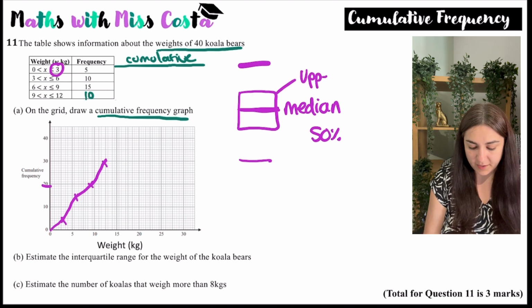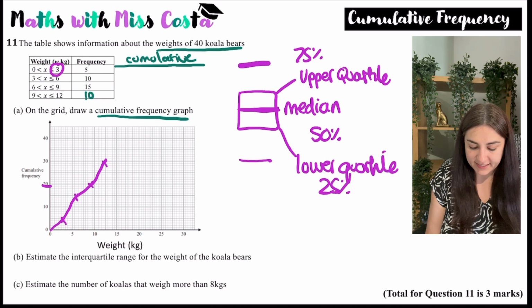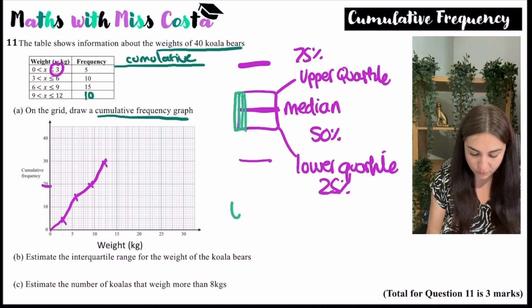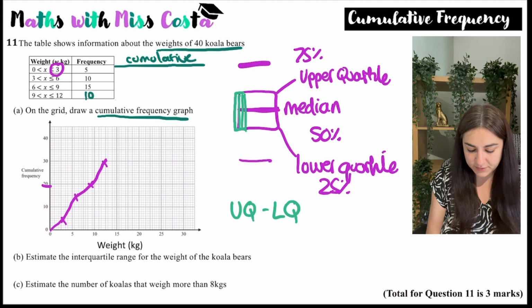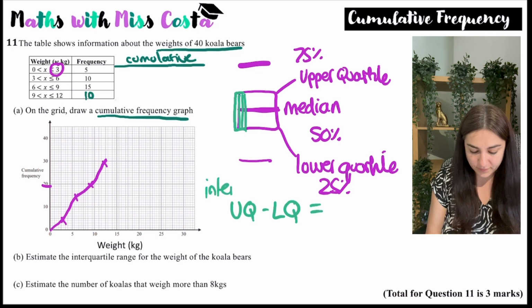The upper quartile is where the 75% of the data is, and the lower quartile is where 25% of the data is. So to find the interquartile range, you are literally finding the difference between the upper quartile and the lower quartile. So we just do upper quartile, take lower quartile, and that will tell me the interquartile range.